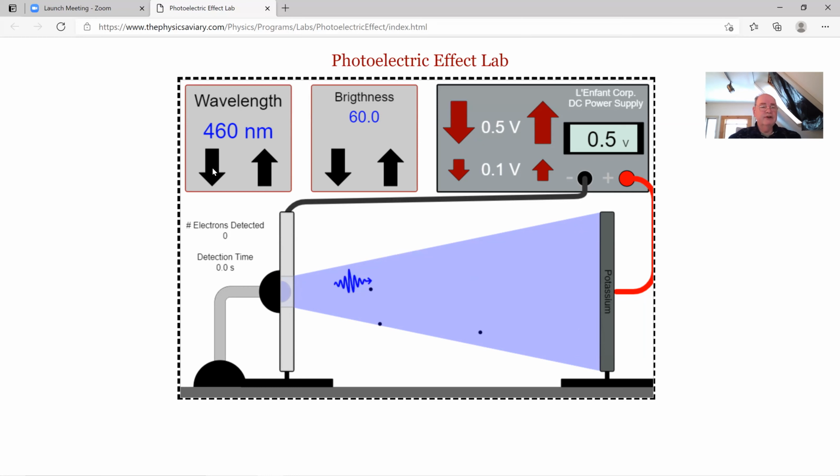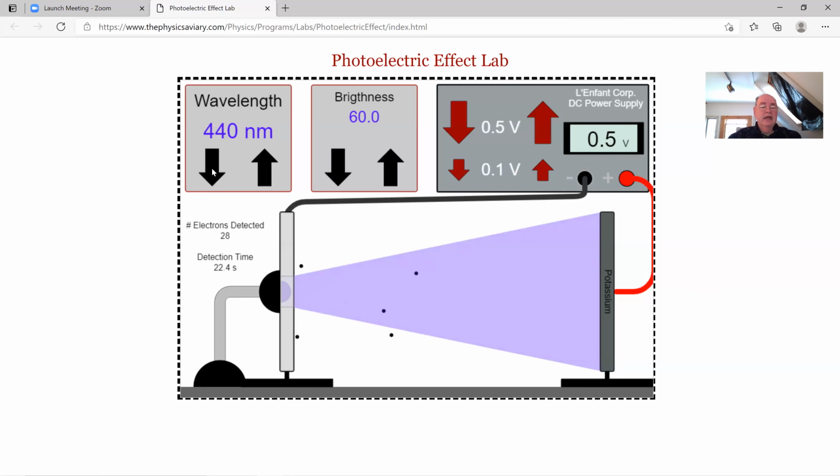And finally, when I bring the wavelength down into the deep violet, they have enough energy to reach the collector plate. This is how I know what energy these electrons have, by fine-tuning the voltage. This is where these measurements come from.